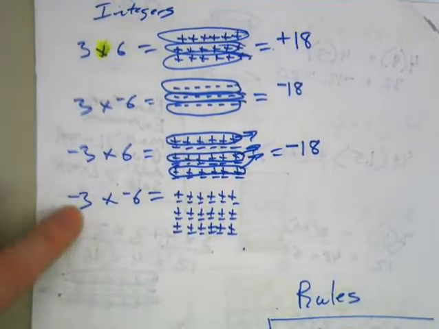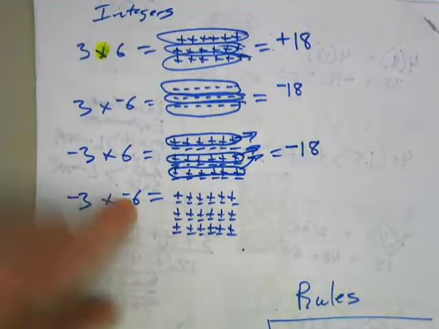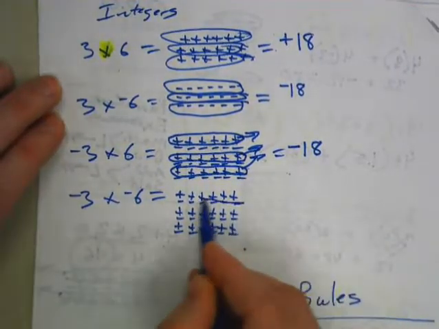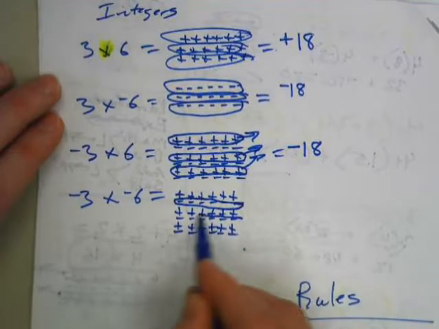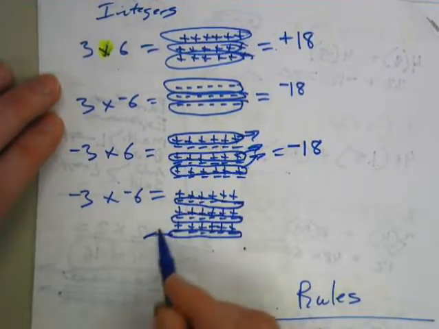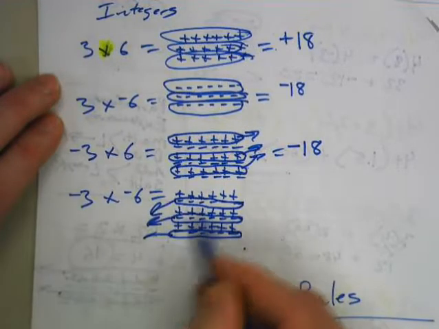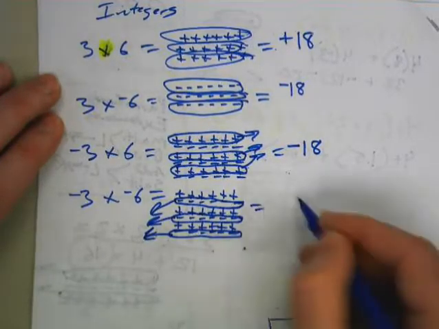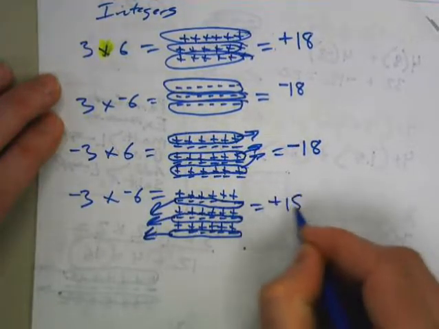Now, I'm taking off 3 groups of, this time, negative 6. So I circle 1 group of negative 6, 2 groups of negative 6, 3 groups of negative 6. And when I take those off the board, what's left behind? My answer is positive 18.